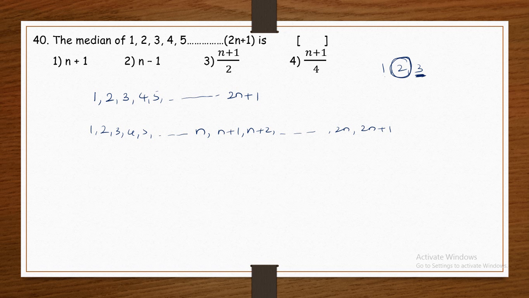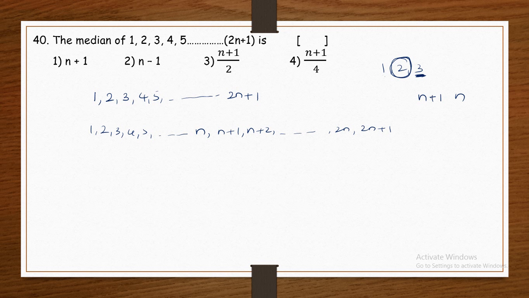The same way, what will be the median of this particular data? It is given by 3 plus 1 by 2. So what is the answer? Now let us see this. From this, if you observe 2n plus 1, how can I write it as? n, 1 and n.